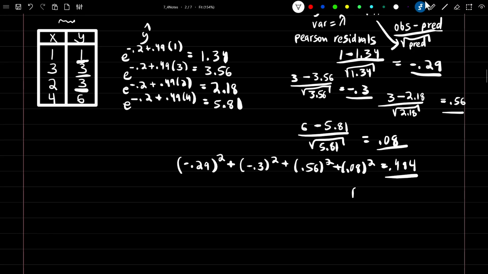So this is going to be equal to our Poisson chi-square statistic. Since this measures residuals, the smaller the value, the better.